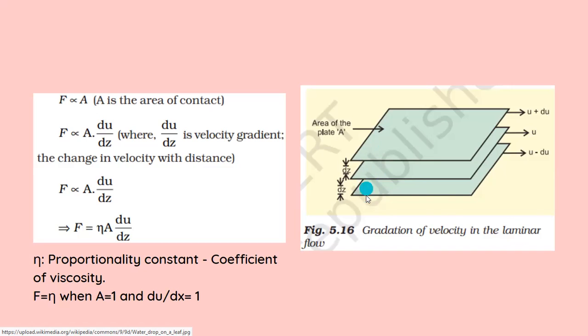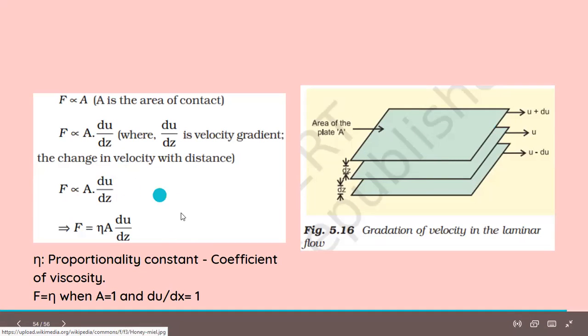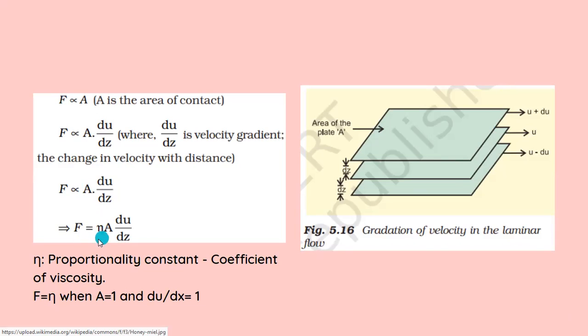So as you go upwards, the speed of the layer increases, and this leads to a gradation of velocity, and that is called the laminar flow. Eta is the coefficient of viscosity because we added it as a proportionality constant when force is directly proportional to the area and the velocity gradient, which is denoted as du by dz.